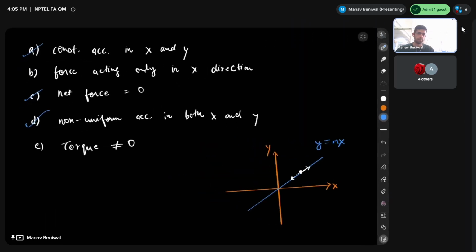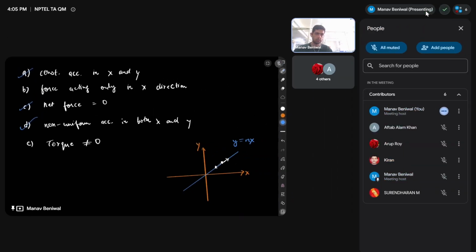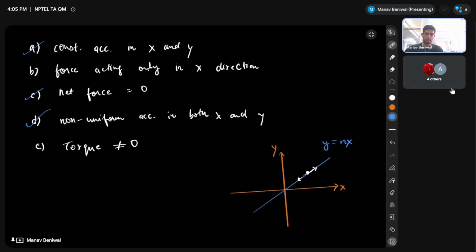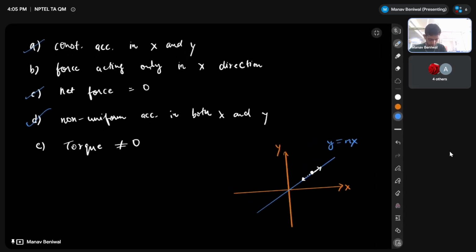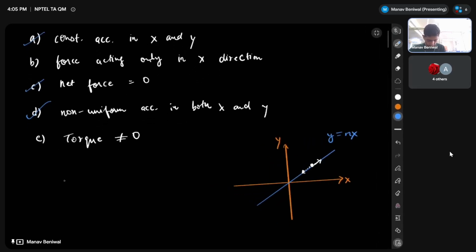We have r equals x i cap plus y j cap, right? And the velocity v will be vx i cap plus vy j cap.